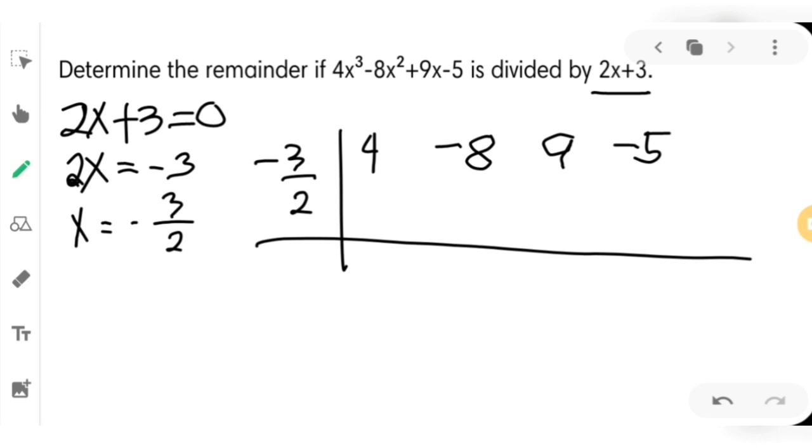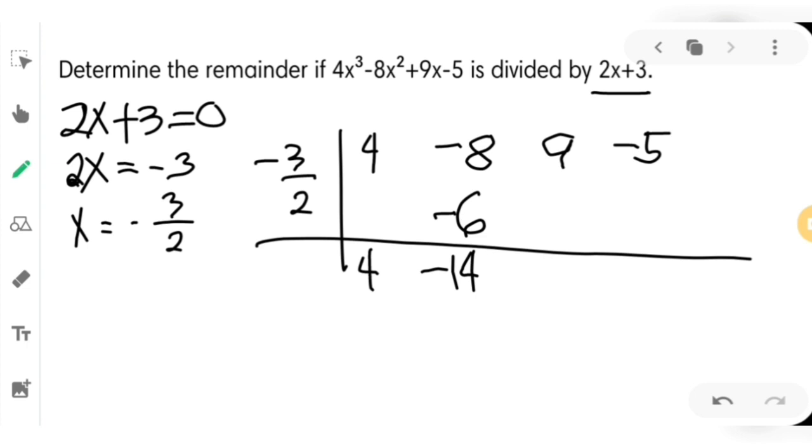So bring down the first number, which is 4, and then multiply 4 to negative 3 halves. So negative 3 times 2 is negative 12, divided by 2 is negative 6. Then add negative 8 plus negative 6 is negative 14. Then we are going to multiply negative 14 to negative 3 over 2.